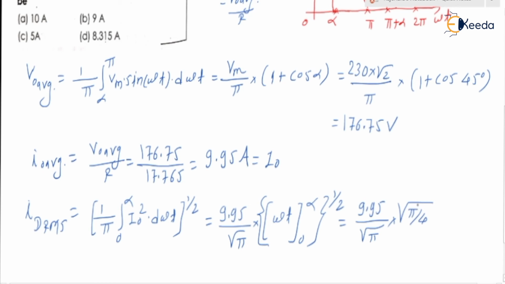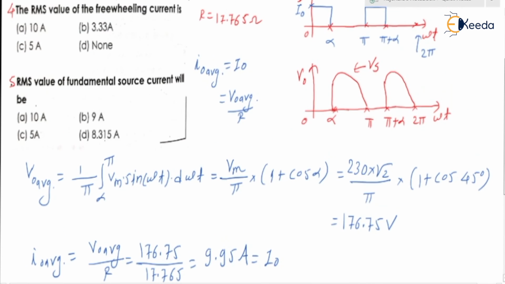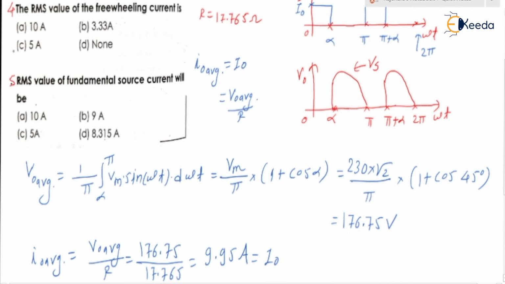The root pi will get cancelled, so it is 9.95 divided by root 4, which is 9.95 divided by 2. So it is 4.975 ampere, approximately 5 ampere. So the correct answer is option C.